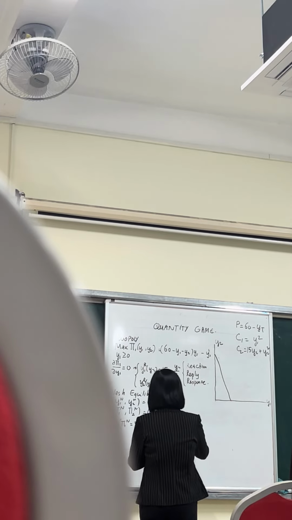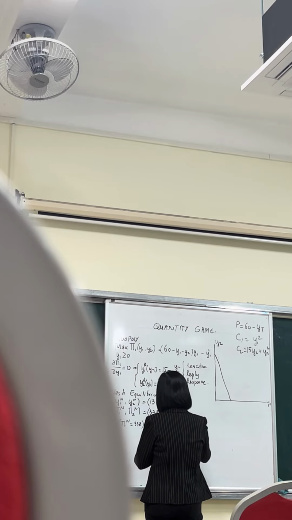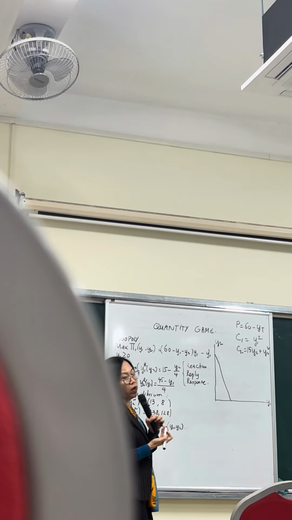Okay, find all combinations of Y1, Y2 so that the profit of firm 1 remains unchanged. That means it remains still 338.